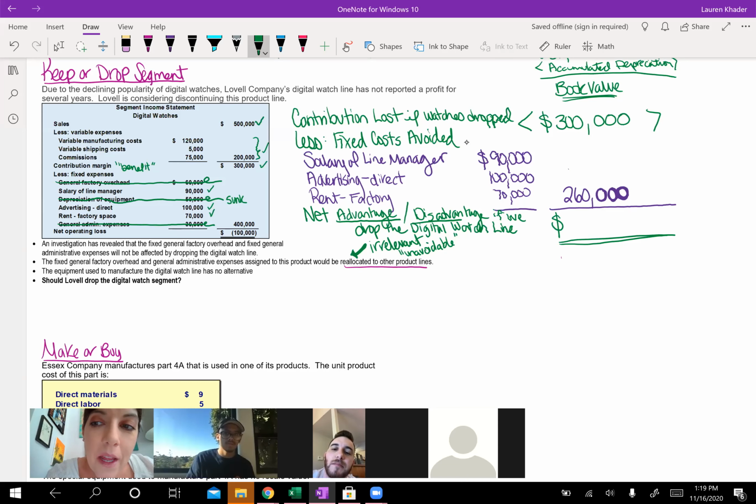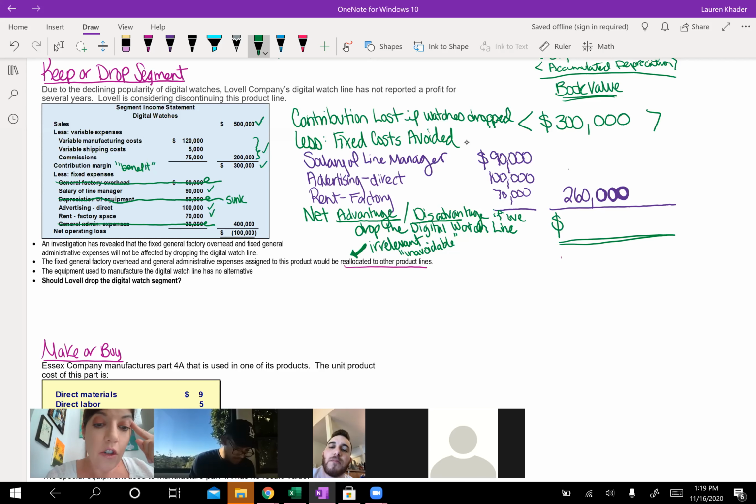Currently, the digital watch line is contributing $300,000 in contribution margin for the company. Currently, they're incurring $260,000 in direct relevant costs.